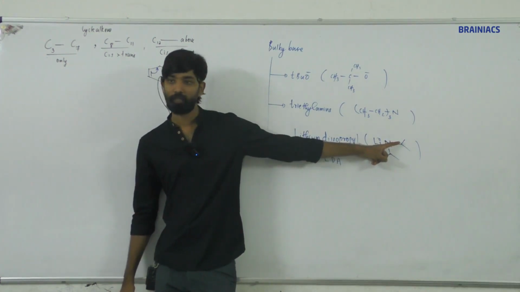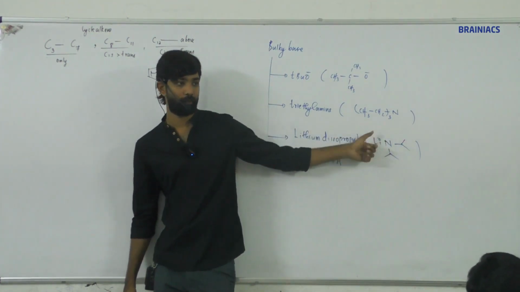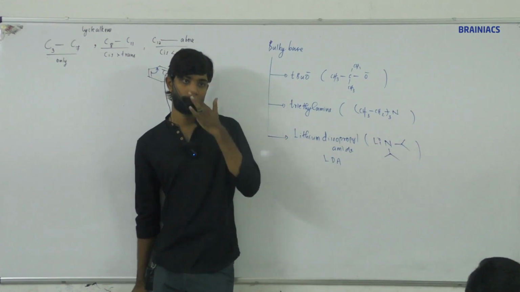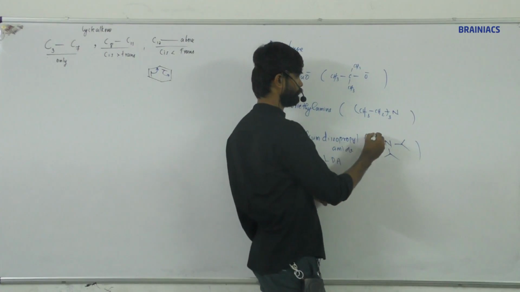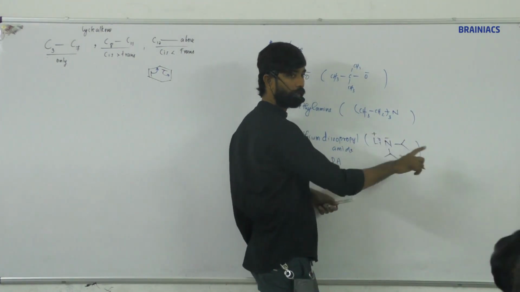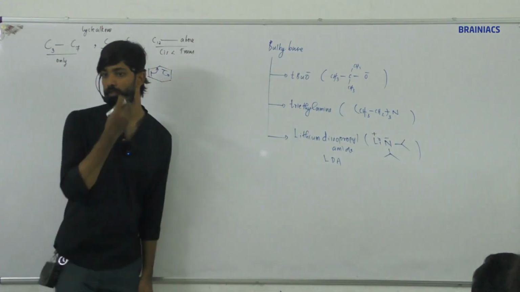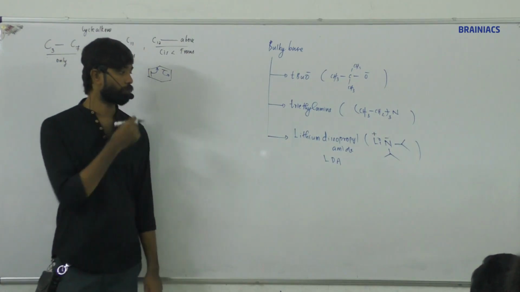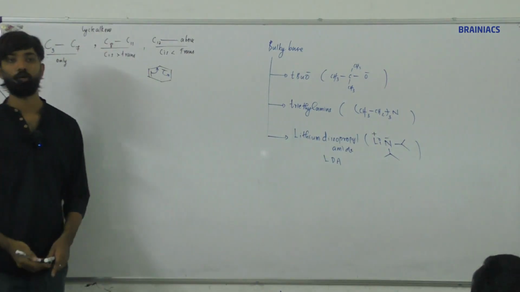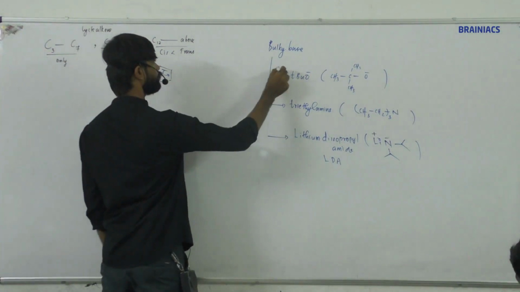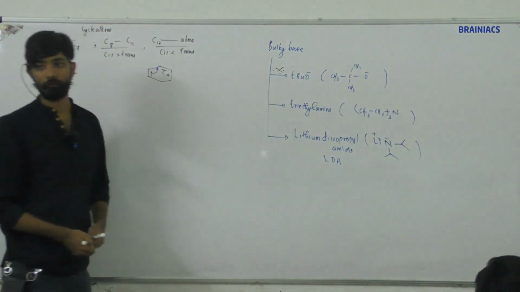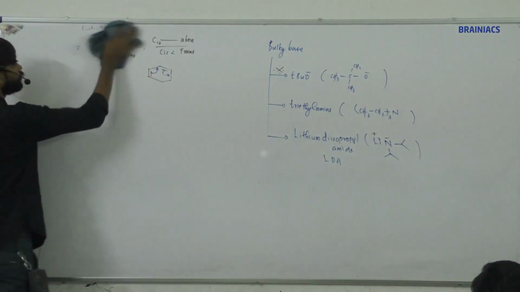So nitrogen has 3 valency, where 1 H plus is replaced by Li plus. So Li plus and N diisopropyl minus, lithium diisopropyl amide. These are the common bulky bases. Well, the most important one, or most frequently asked one, is this one.